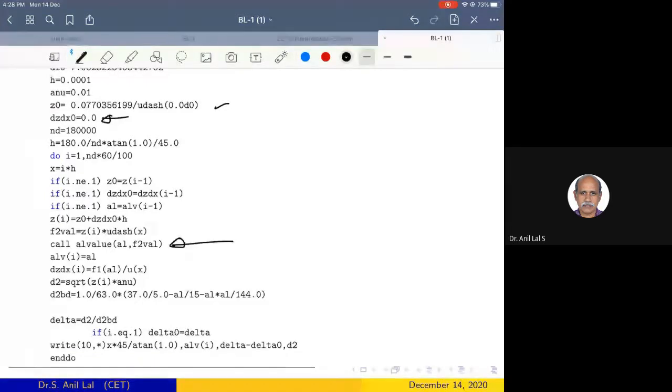This is the subroutine AL value that solves the value of lambda from f2 by using the Newton-Raphson method. This is the one subroutine which requires some kind of coding, that is the coding for the Newton-Raphson method. Otherwise, it's a very simple code.